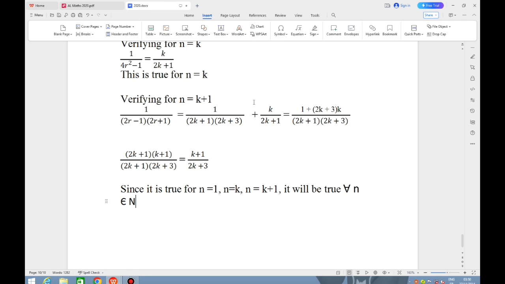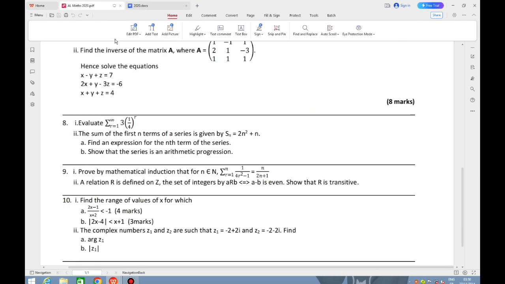Hence, you have completed the proof by mathematical induction, and that's it for question 9a. That's it for question 9.1.